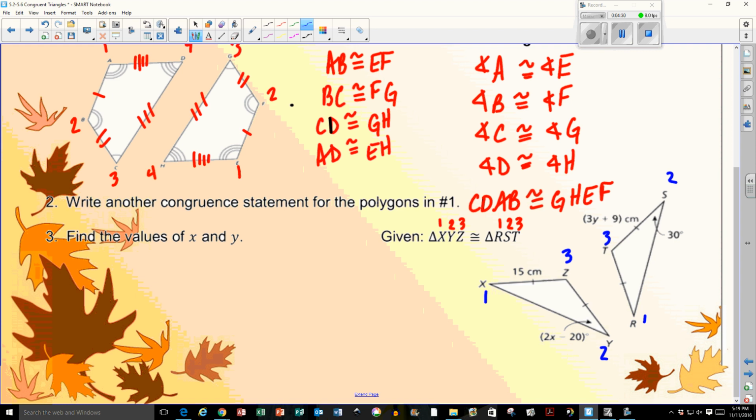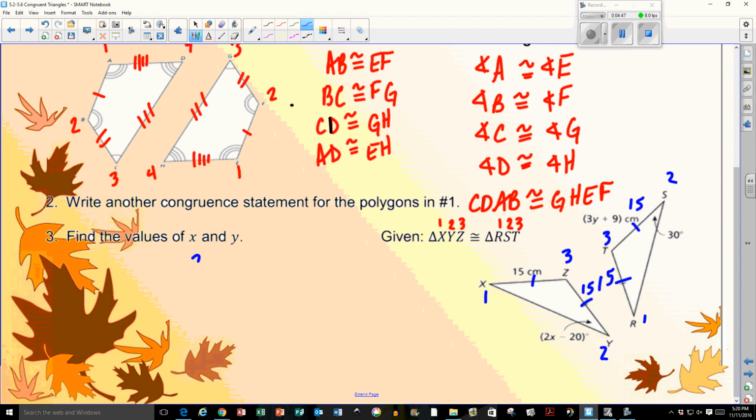I know 1, 3 goes with 1, 3, and I don't have any information about that, other than I know this one is also 15. But I see that this is equal to this, so this one's also 15, and this one is also 15.